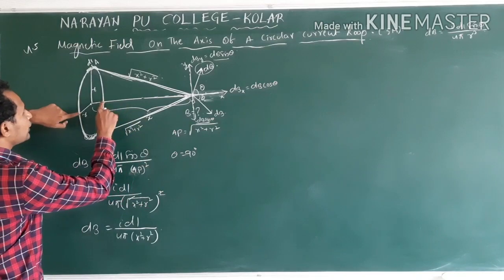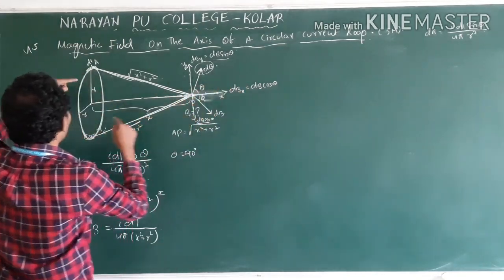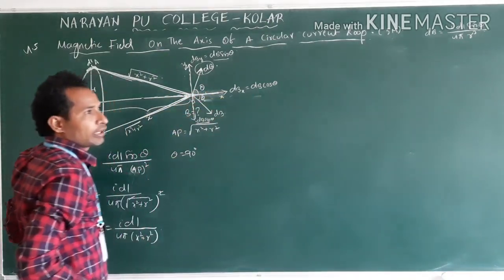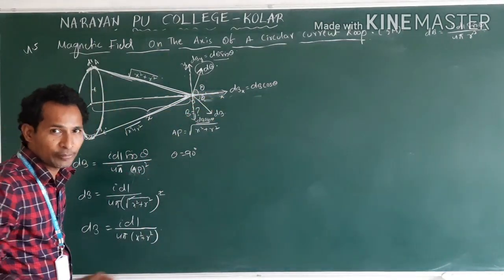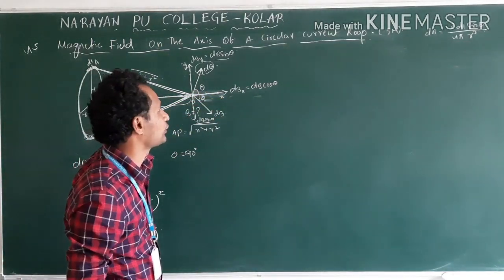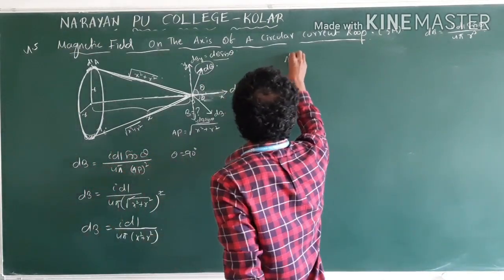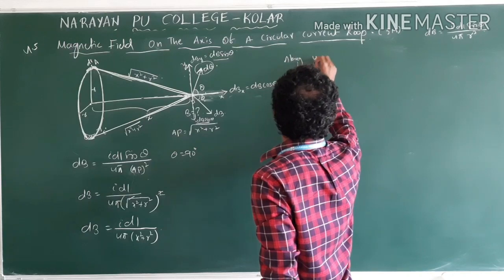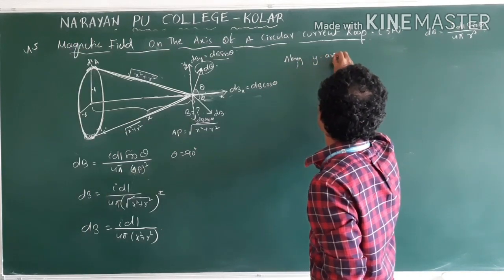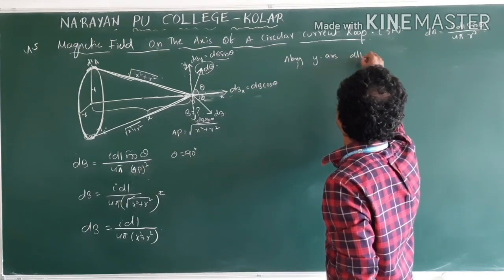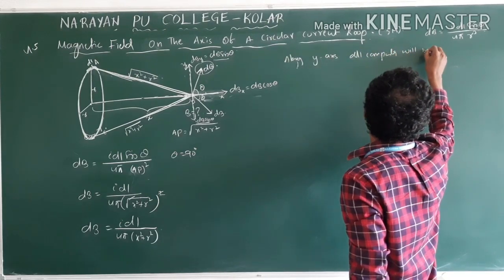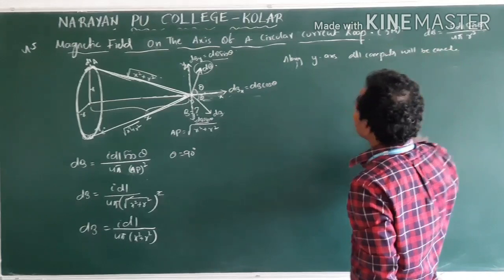If you take small elements here, the two will be cancelled. If you take it here, the two will be cancelled. So only the component along x-axis will not be cancelled. So along y-axis, all components will be cancelled.